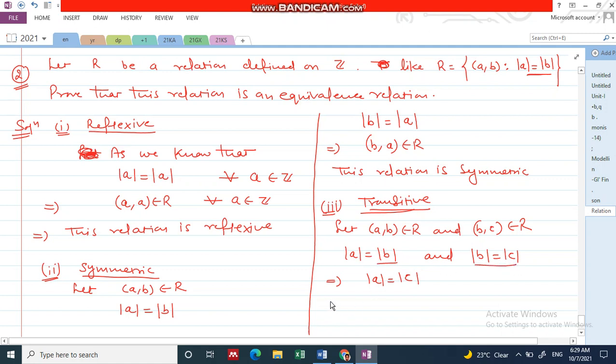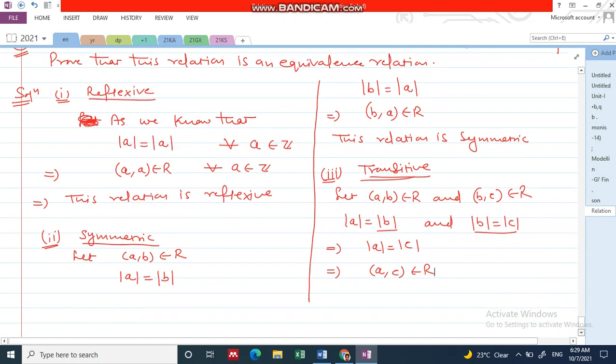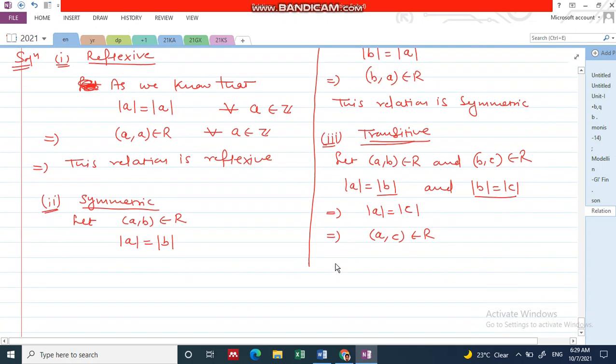So (A, C) is a member of the relation, and it implies that this relation is transitive.